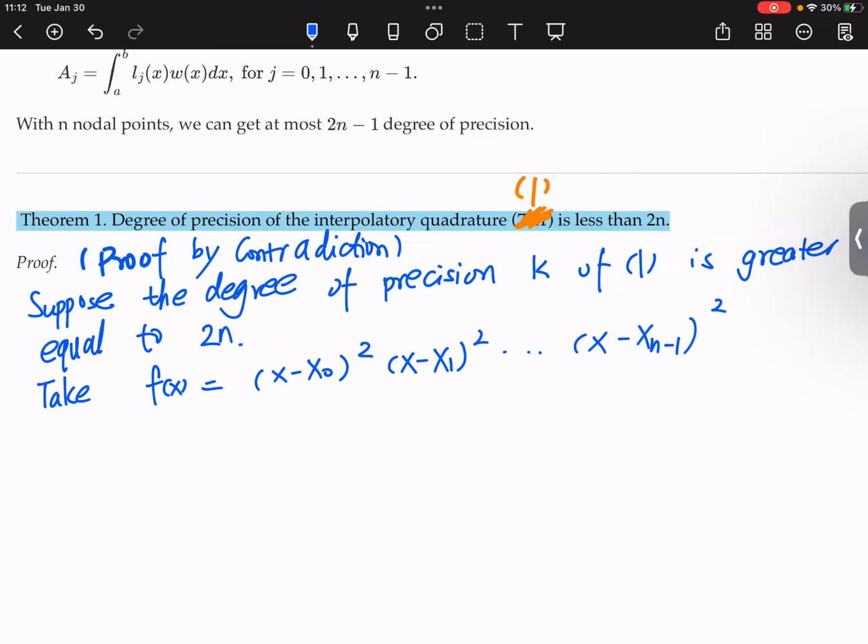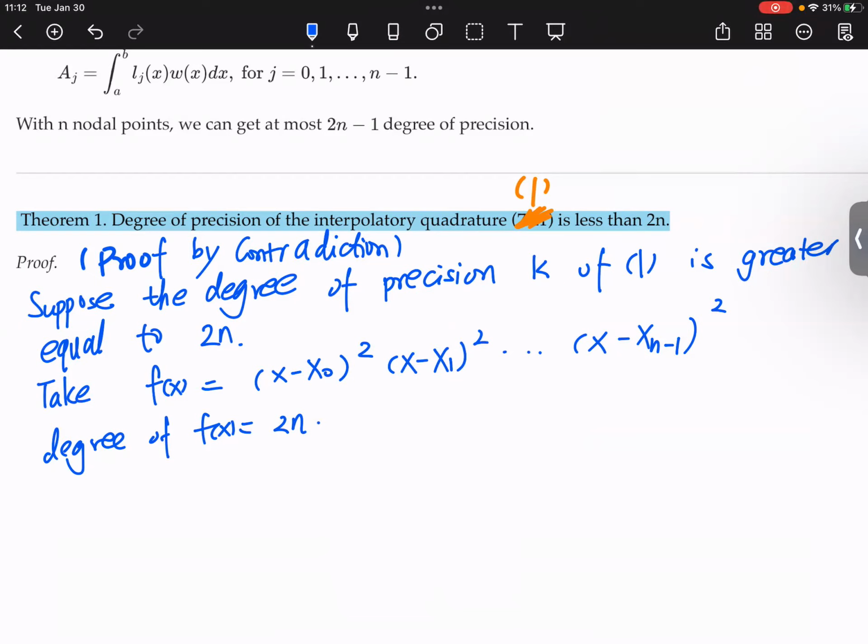You will see that the degree of f(x) is, because each factor has degree 2, and we have n such expressions, so the degree of f(x) is 2n. The theorem states that the degree of precision is less than 2n, but here we have a function with degree 2n.